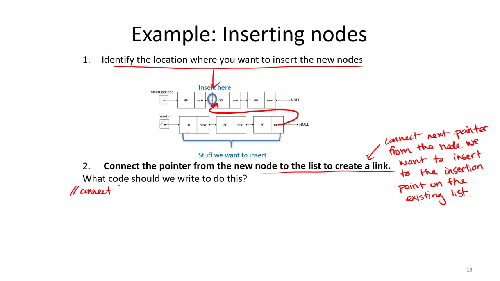So remember, here we want to connect the third node in head's list, the third node's next pointer in head's list, to the second node in other list head's list.